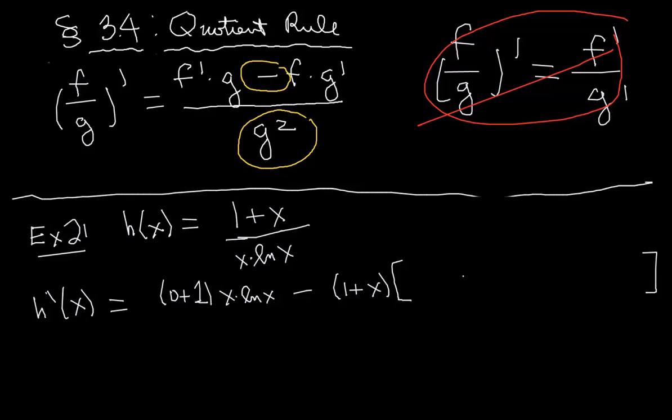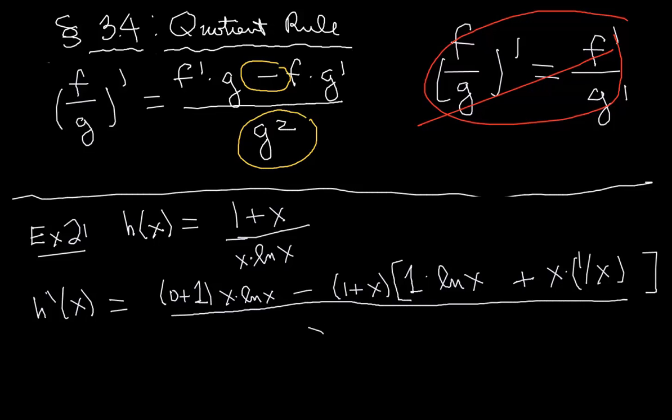That means we're going to have to use the product rule. So derivative of the first is 1 times the second, ln x, plus the first times the derivative of the second, that's 1 over x. And now we do all over the bottom squared, x times ln x, that whole thing squared. Not ln of x squared, it's ln x, that whole thing squared.